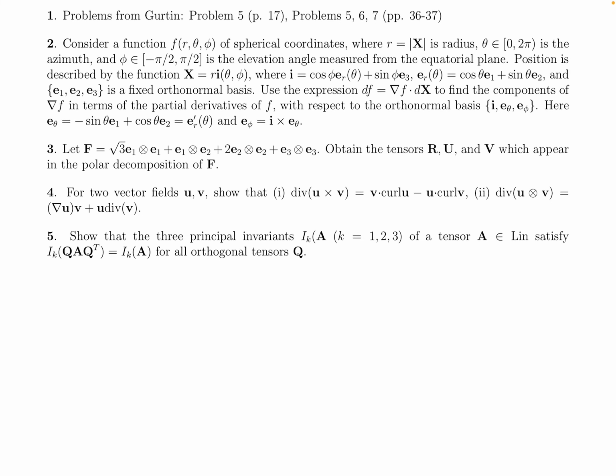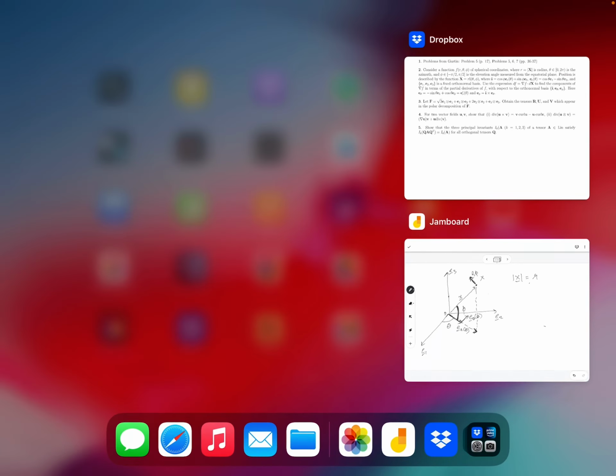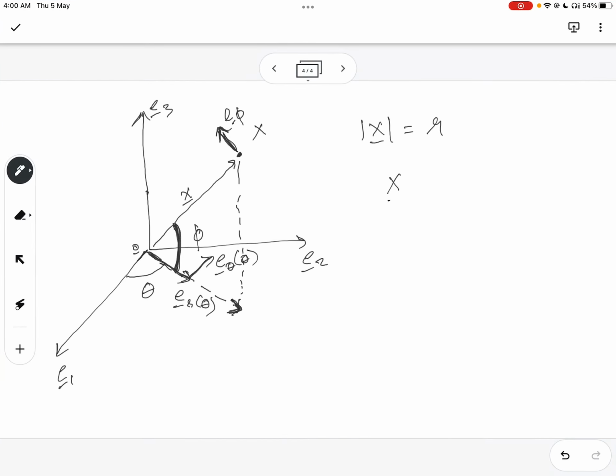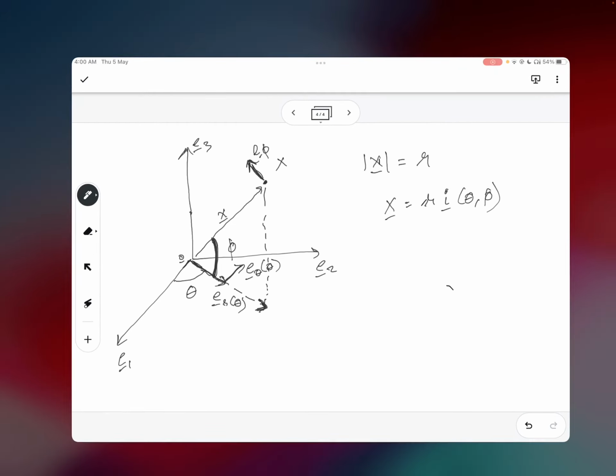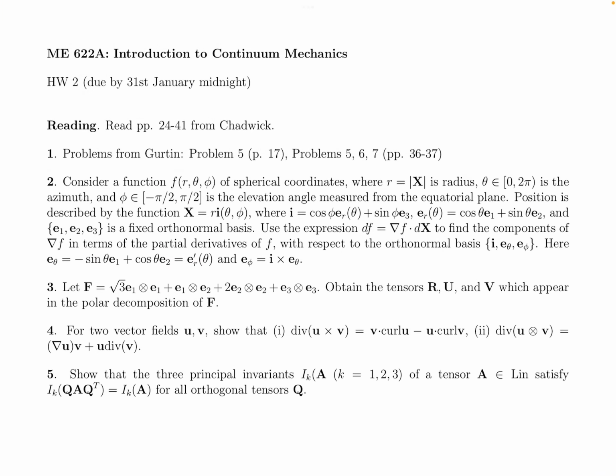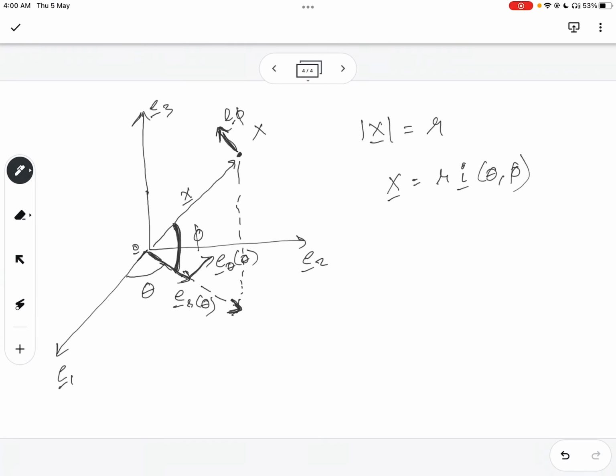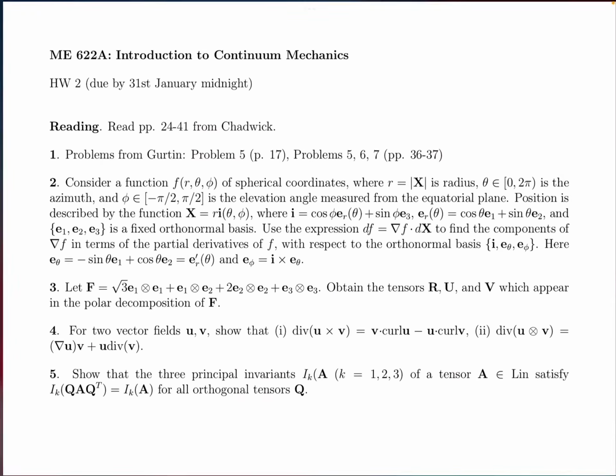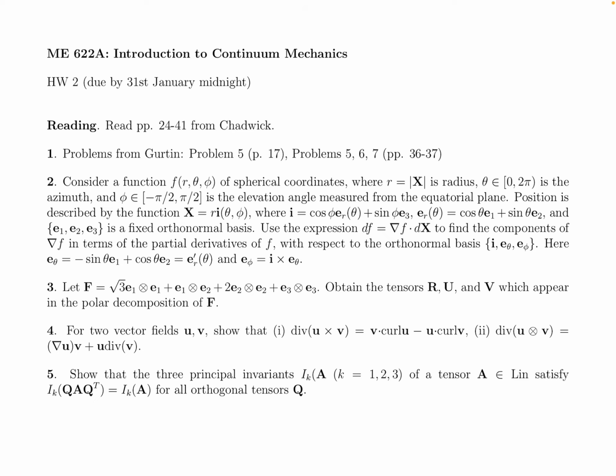Position is described by the function x is equal to r I as a function of theta and phi. So x is r I(theta, phi). I is equal to cos phi e r theta plus sin phi e3. E r theta is equal to cos theta e1 plus sin theta e2.